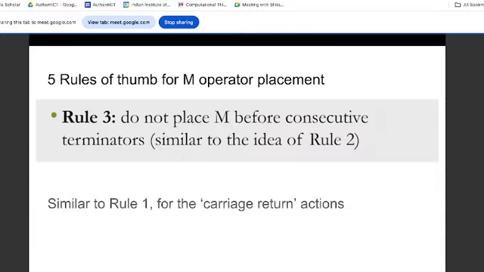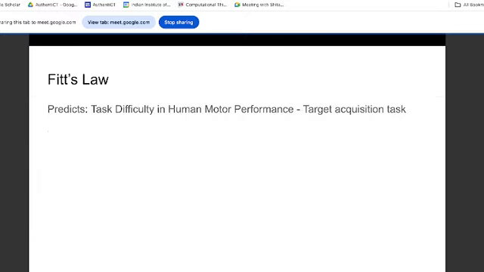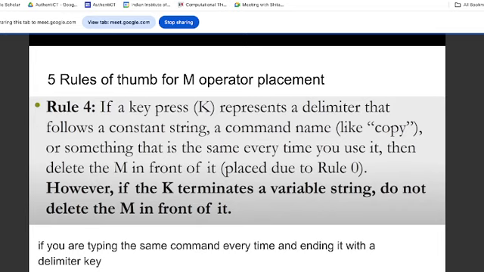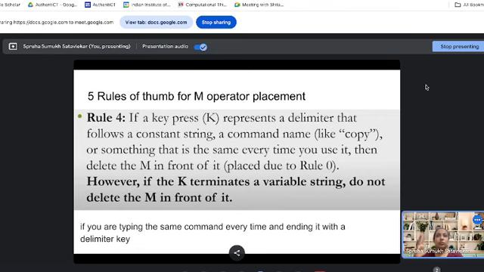So we are done with the 5 rules of thumb of the M operator in KLM. Up to now, we went through what a KLM model is, what the operators are, what the sequences are, and how to calculate the total execution time.